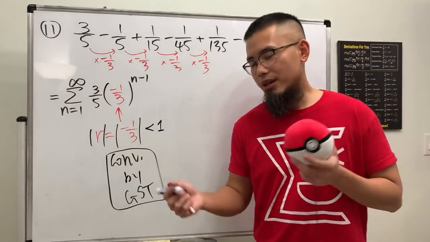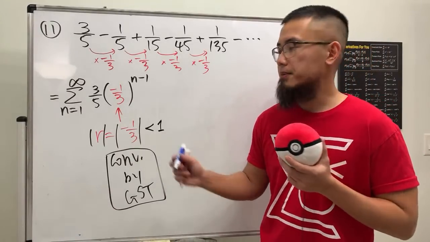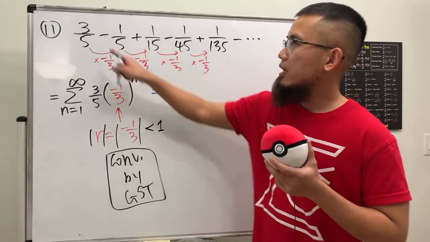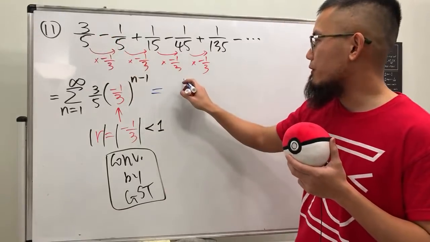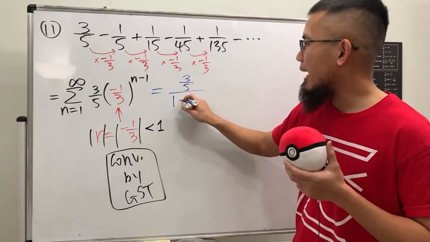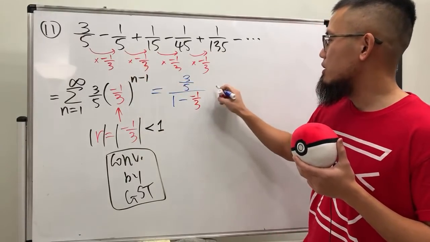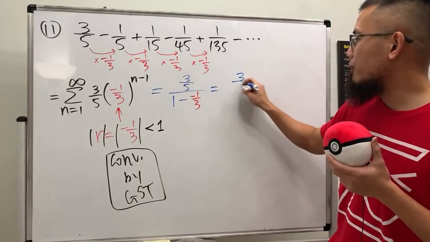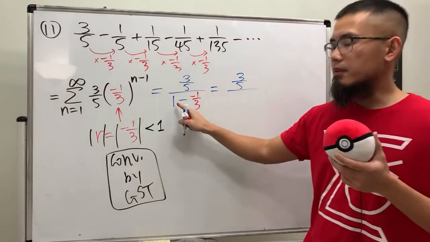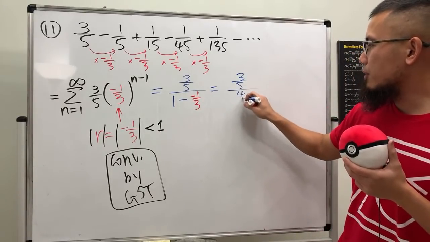All right, let's do this again. What if we want to find out the value of this? In that case, it's the first term, which is 3 over 5, over 1 minus the common ratio, namely negative 1/3. So you see, this becomes 3 over 5 over 4 over 3, because it's plus.